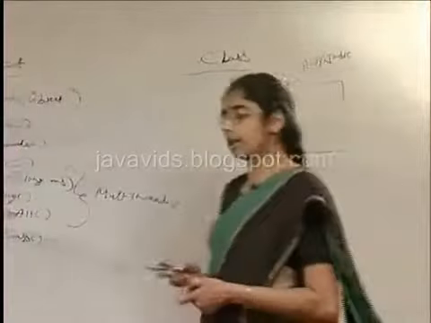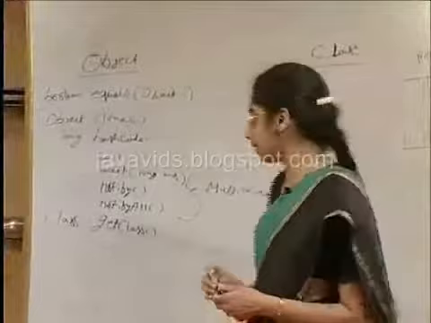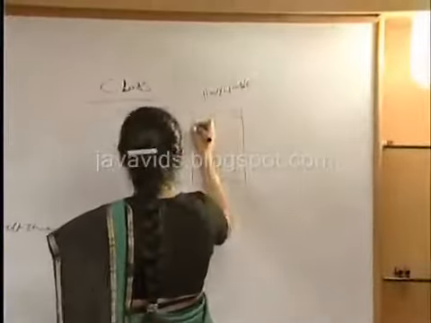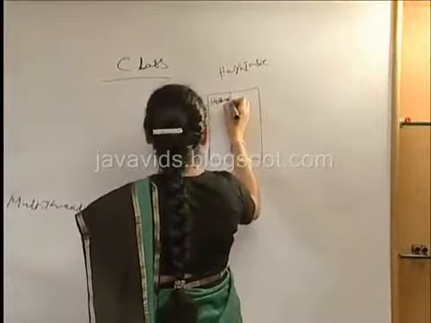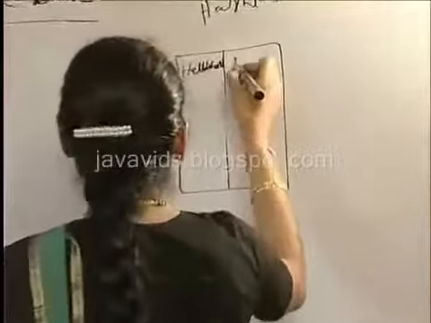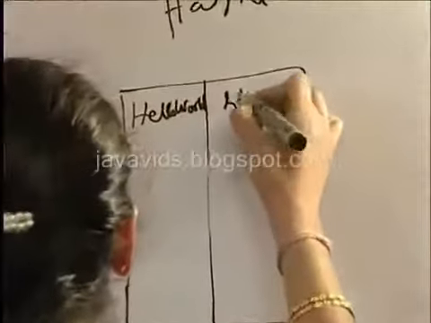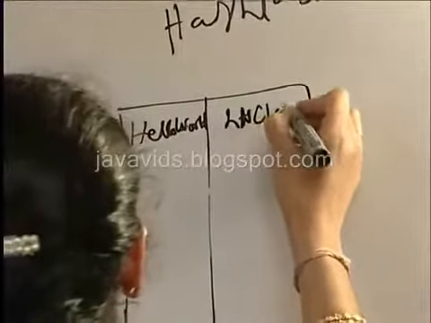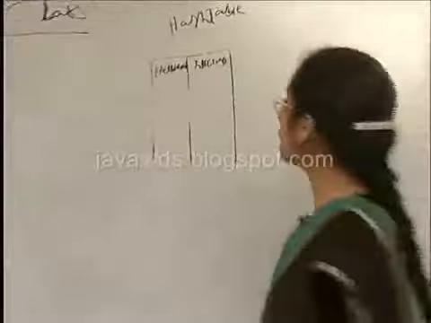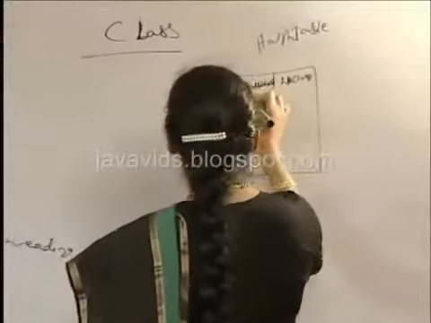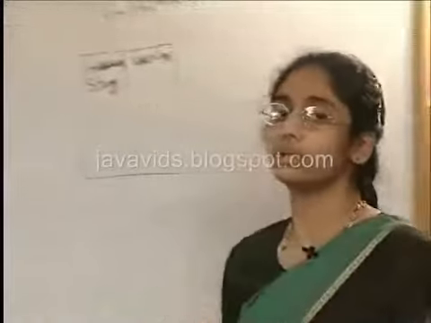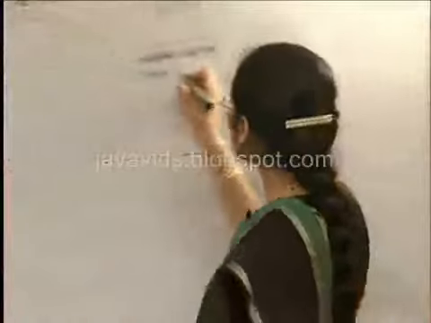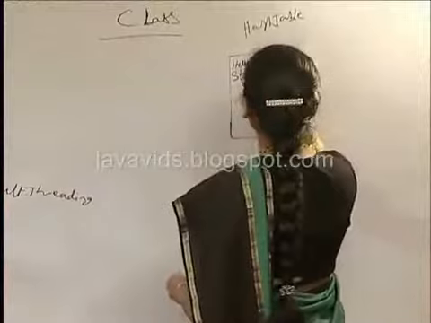So let's take the case of your HelloWorld program. HelloWorld is loaded into the JVM. For HelloWorld, a Class object is created, let's say the HW class object. Your HelloWorld class is making use of the String class, so the String class has to be loaded. For the String class, a Class object is created.